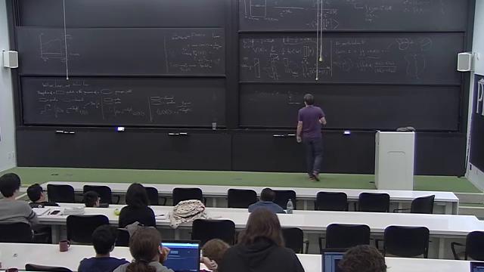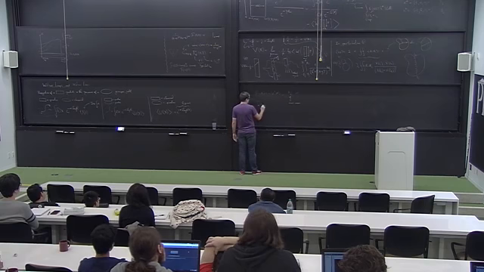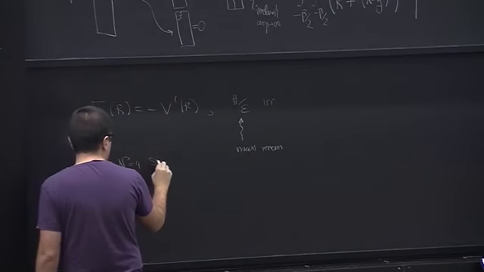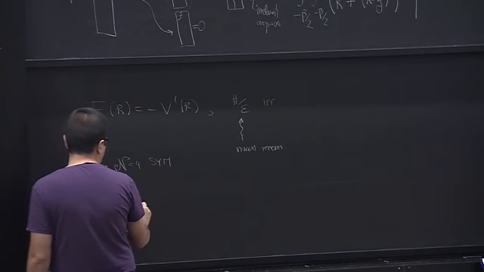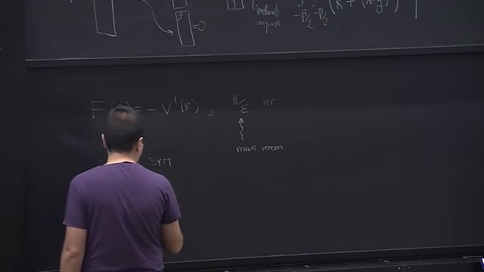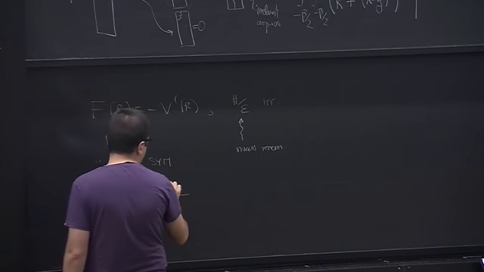So in N equals 4 super Yang-Mills, the potential would be 1 over r, because it's a conformal theory, so there's nothing else I can write.